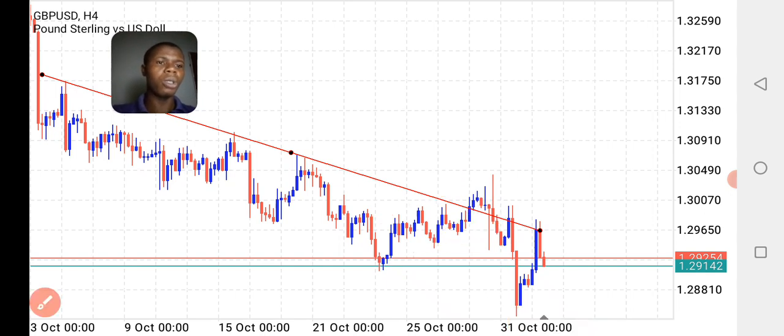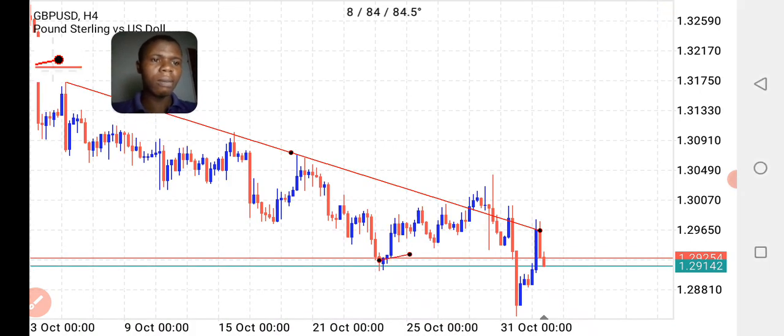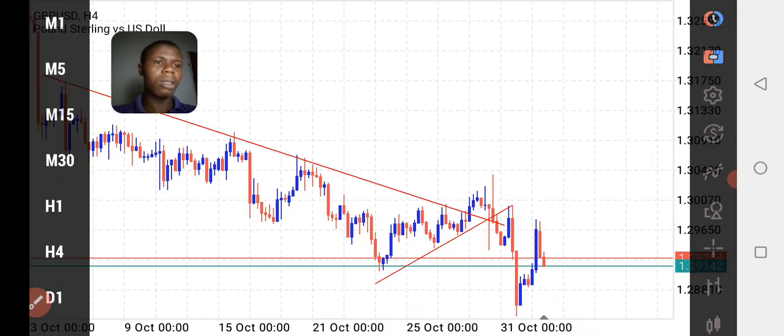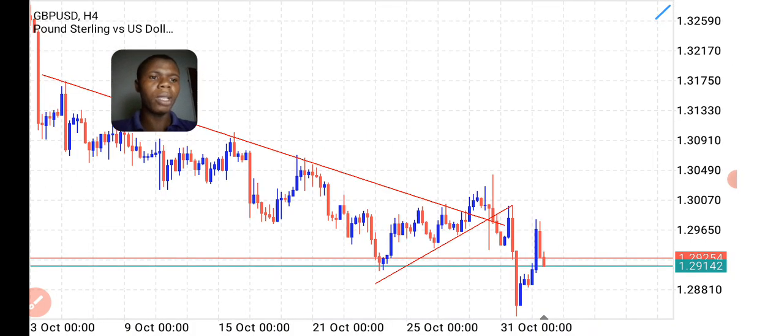If you draw this closely, you're going to be seeing something like this. Okay, now we have it. So as you can see, it was a chart pattern that actually led to it.